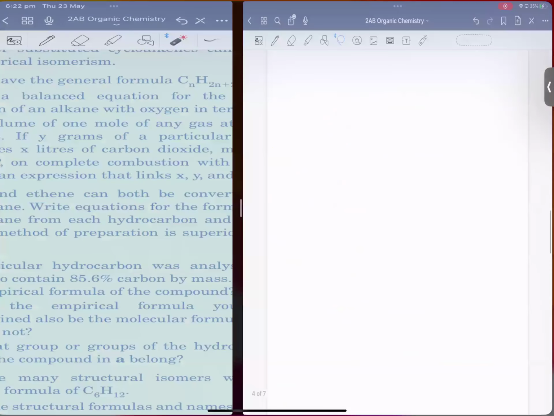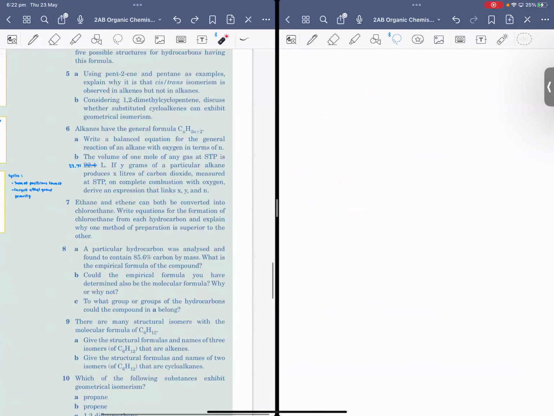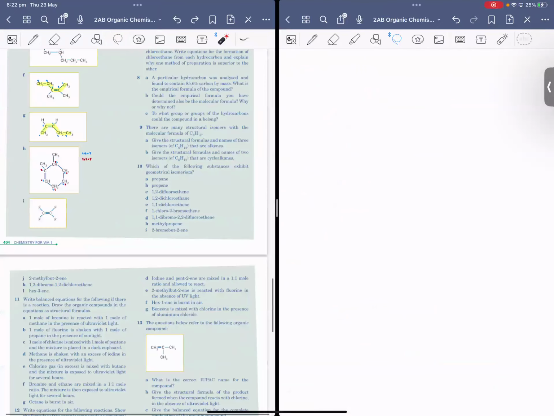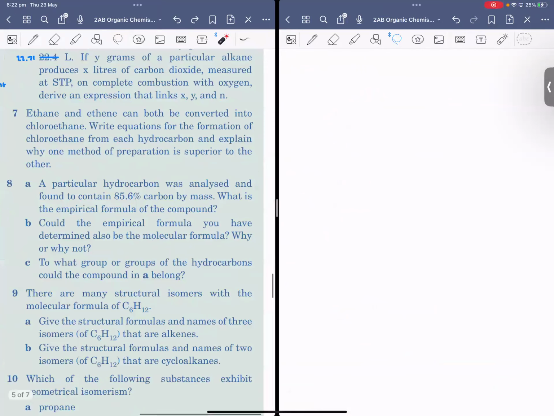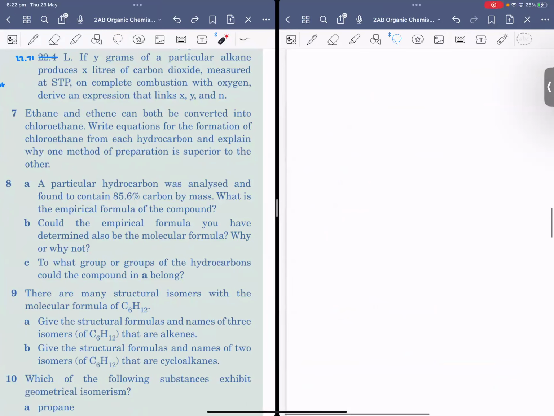All right. Next one. Ethane and ethene can both be converted into chloroethane. Write equations to show the formation of chloroethane. Explain why one method is superior to the other. Okay. So, guys, ethane is a what? Alkane.